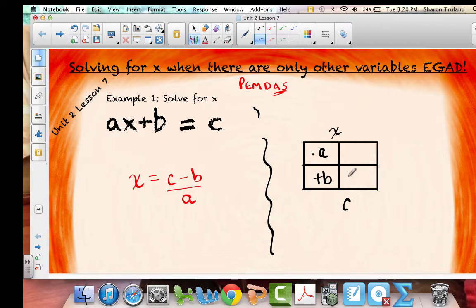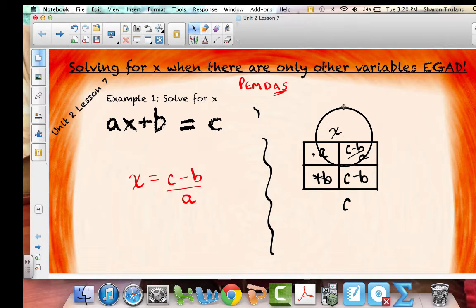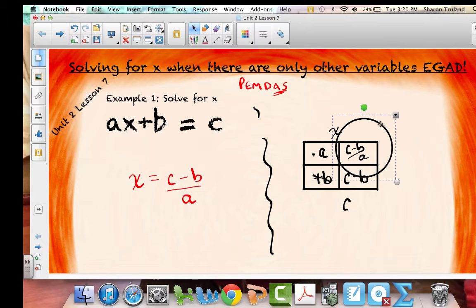All right, to undo c, we undo plus b by minusing b, and we undo a multiplying of a by dividing by a, and that gets us back to x. And if you notice, we have the same answer in both spots, here and there.